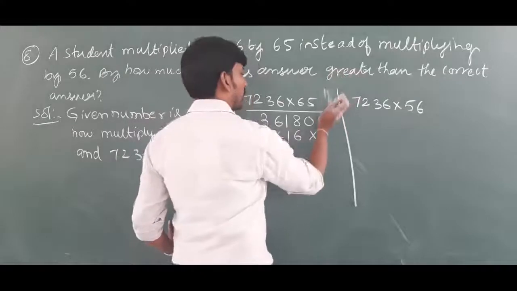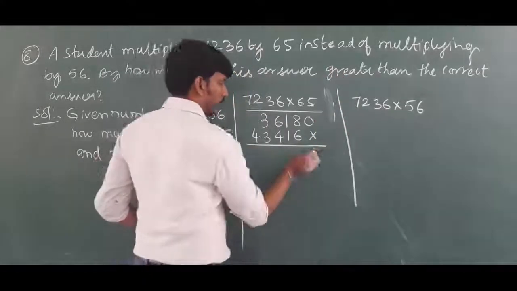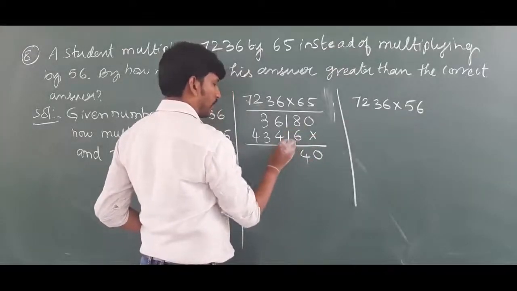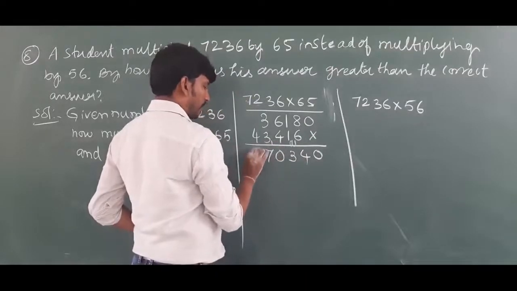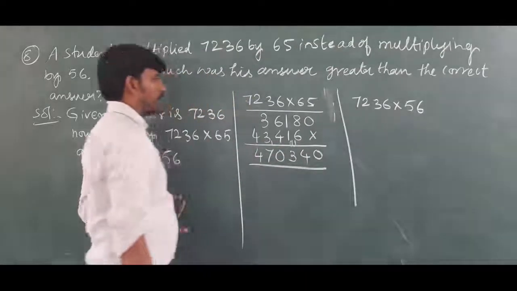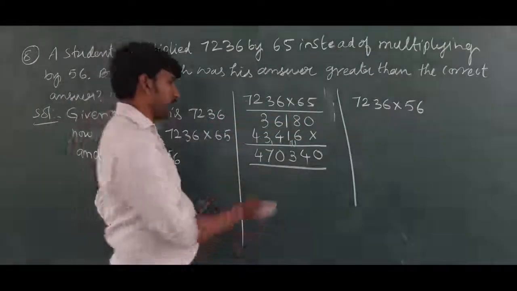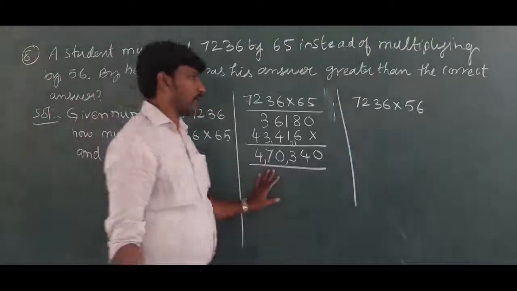Okay children, now we add these two and we get the answer: 0, 8 plus 6 is 14, 1 carry forward, 3, 0, 1 carry forward, 7 and 4. So when we multiply 7236 into 65, we got 4,70,340. This is more.